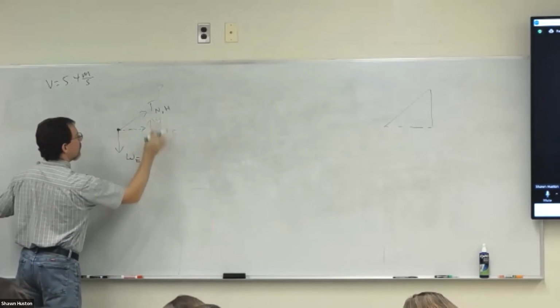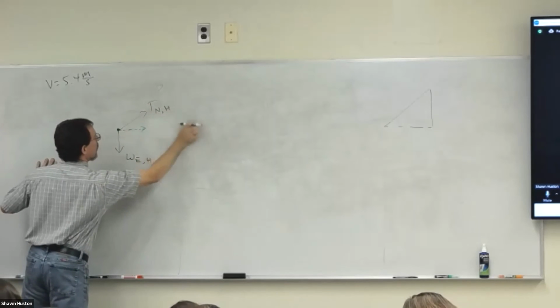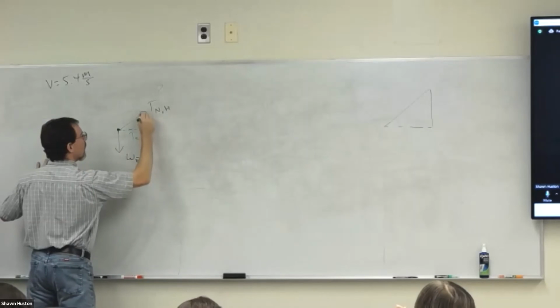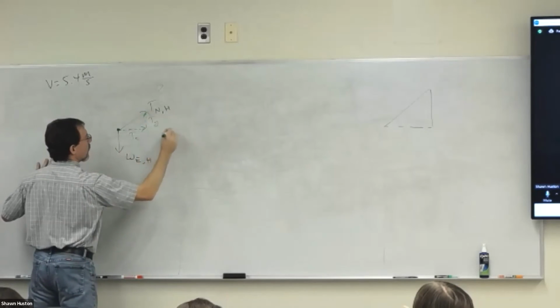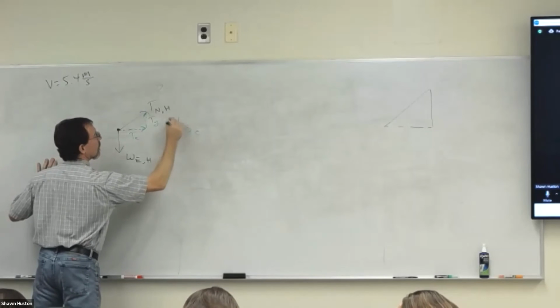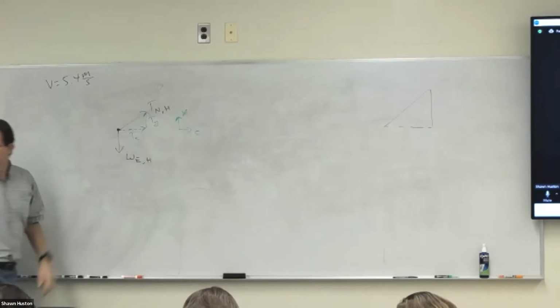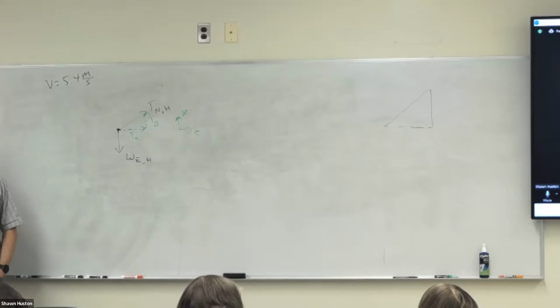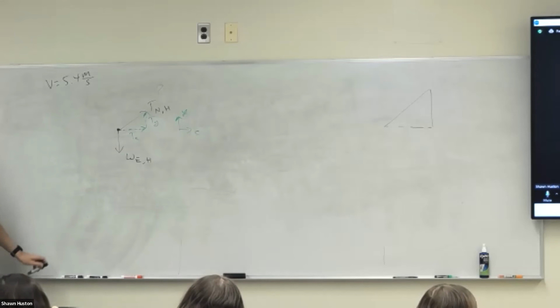It has a piece that acts along the centripetal direction and a piece that acts along the Y direction. Okay, so I've done step 1, step 2, step 3. Step 4 is Newton's second law in the C and Y directions.